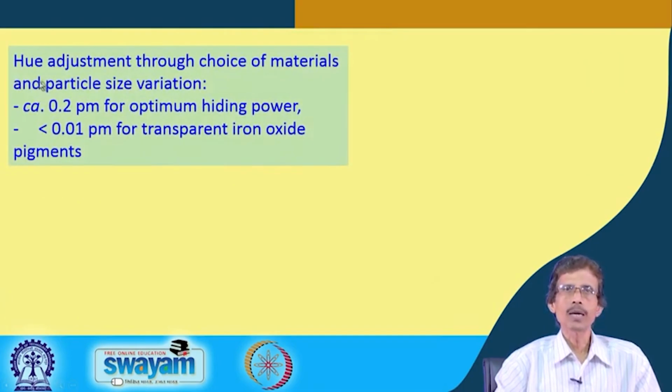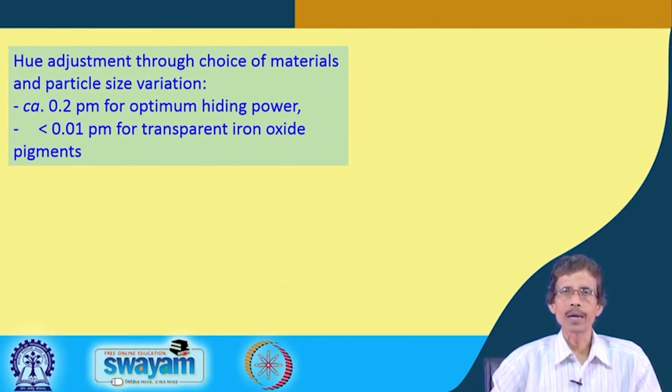Then what we have seen just now, I also told you how we go for the hue adjustment. That means we can get different colors by knowing the corresponding colors in our hand. If we have a red pigment and a blue pigment, we can mix them together to get a violet variety. Like an artist can draw with pigment, we can go from the basic primary color to the secondary color to the corresponding tertiary color.